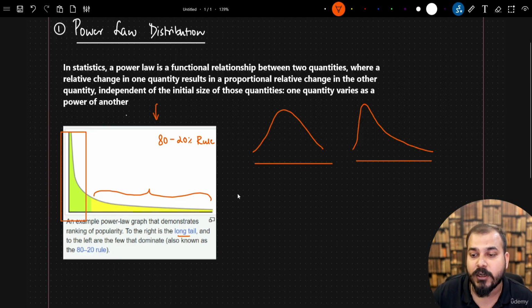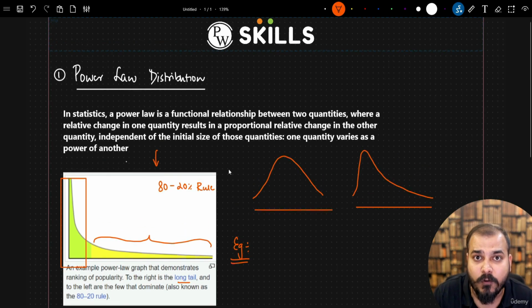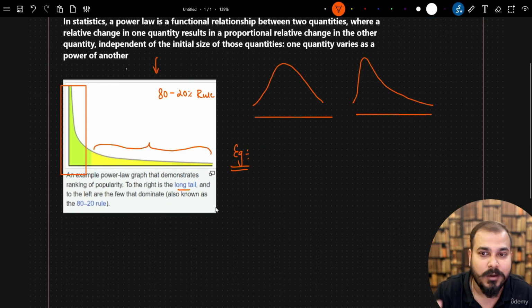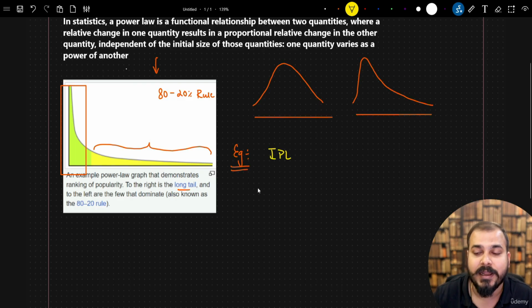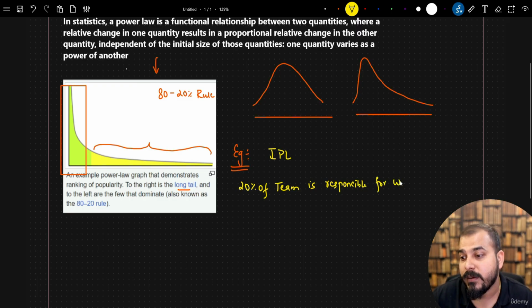Now, let me talk about some examples of data sets that follow power law distribution, because unless you understand these examples, you will not be able to relate to it. I hope everybody has seen the IPL, Indian Premier League, right? Can we say that 20% of the team in most of the matches is responsible for winning 80% of the matches?